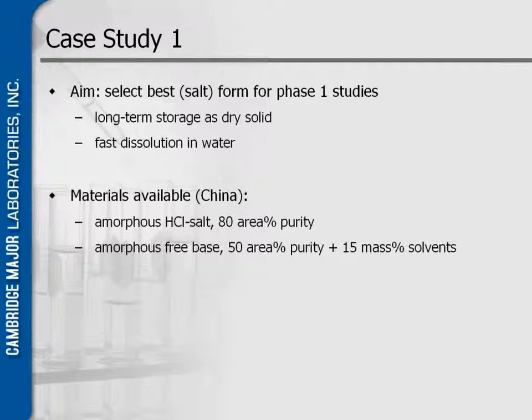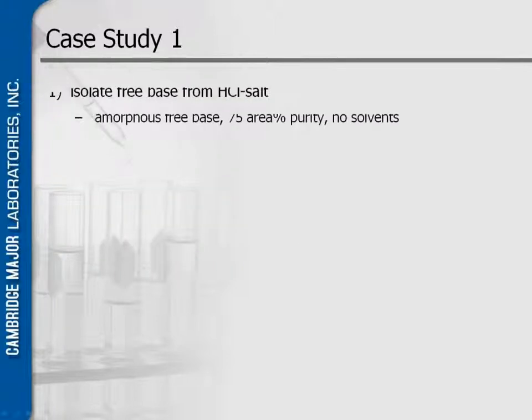So the approach was such that we isolated the freebase from the HCl salt by a more controlled isolation, with the use of different solvents; we had to look at what solvents to use. What we had was again an amorphous freebase, now with improved purity, and there were no residual solvents present. So that was the first step to get a good starting material.